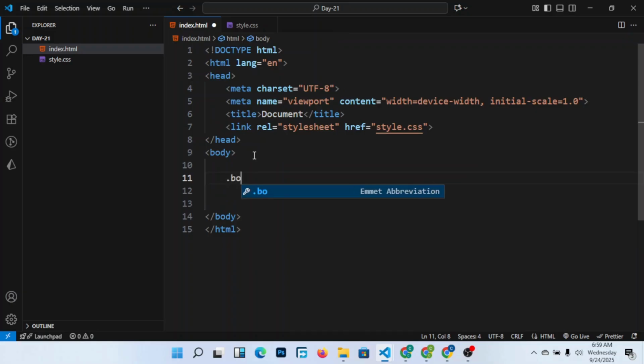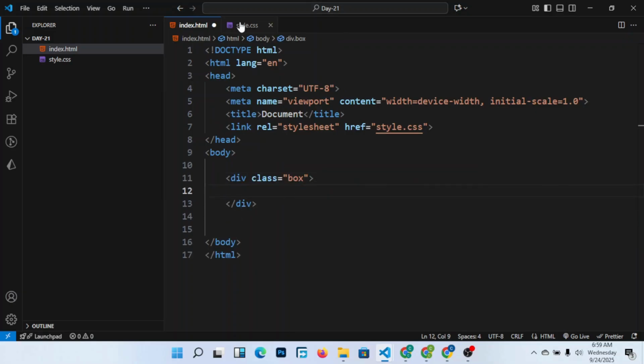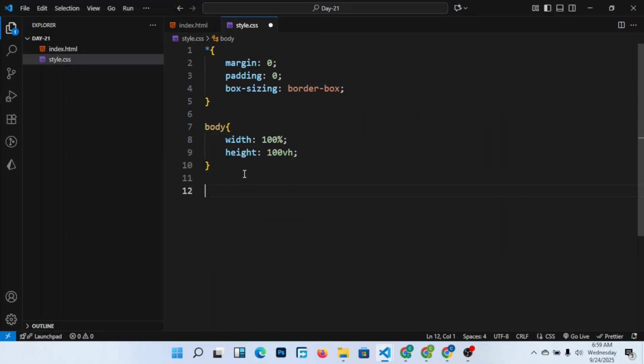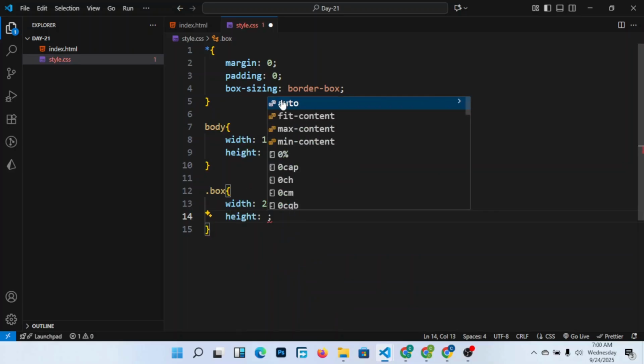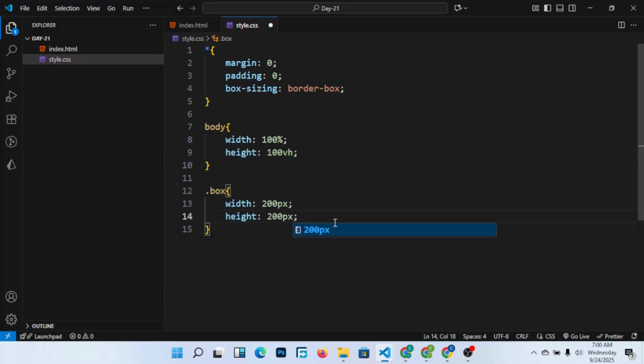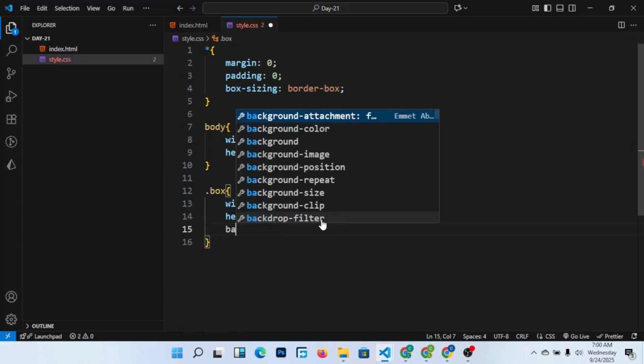So I'm going to come here, you say dot box. Okay, my dot box is here. I give it, for example, width 200 pixels. I say height, also 200 pixels. And I say background color.